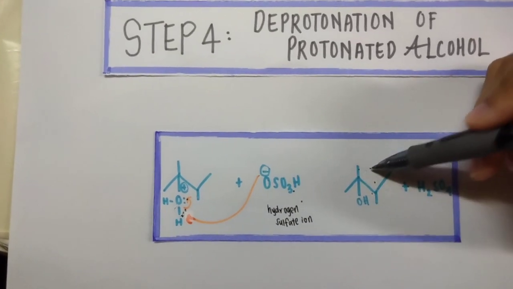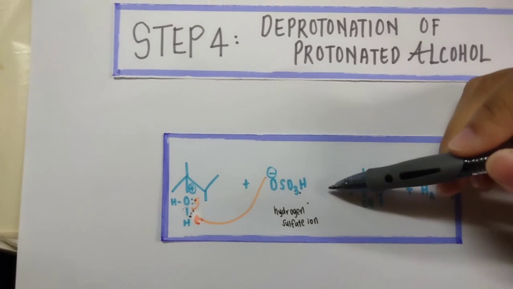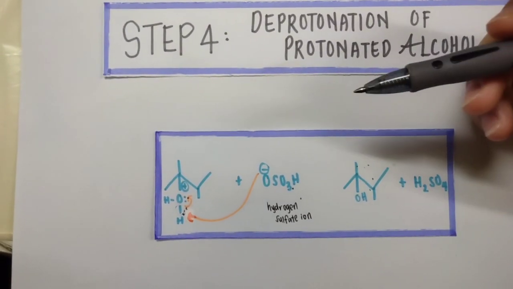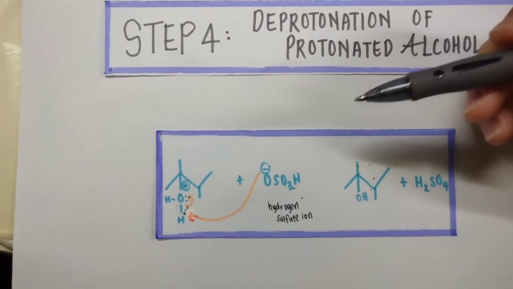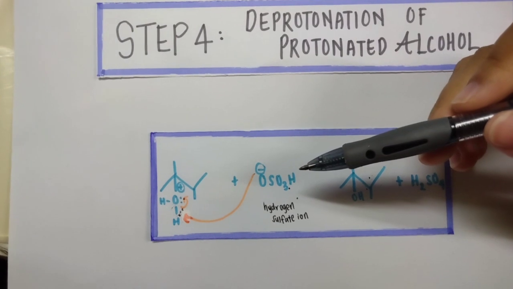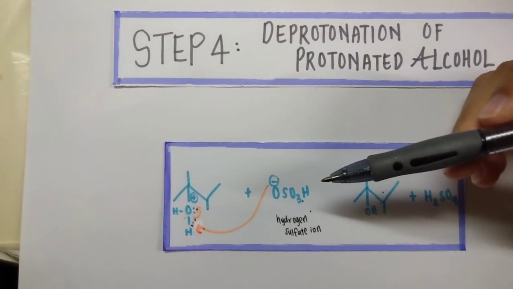This is the product. It's important to note that using H2SO4 as a catalyst is important in facilitating the protonation of the alkene and promoting the subsequent nucleophilic attack by water.